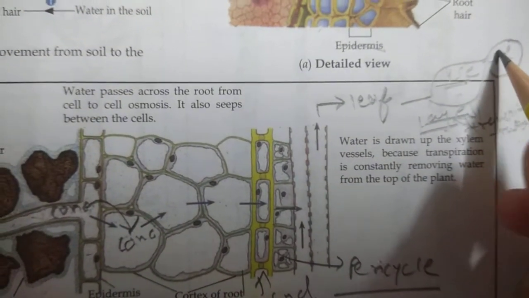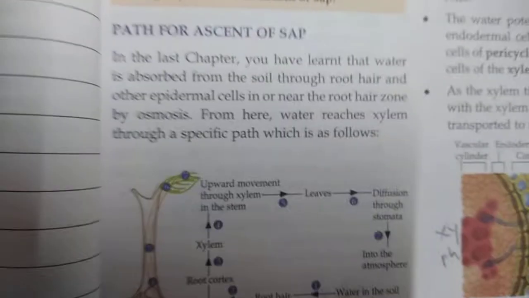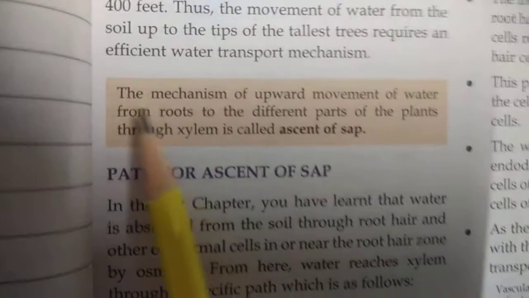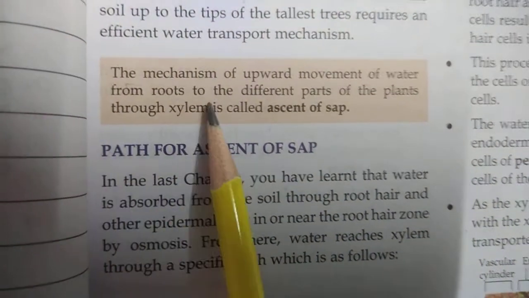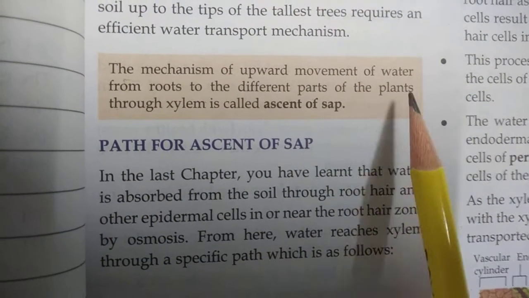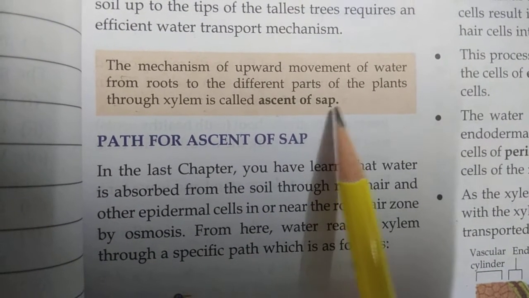This is called ascent of sap. Again, what is ascent of sap? The mechanism of the upward movement of water from the root to the different parts of the plant through the xylem is called ascent of sap.